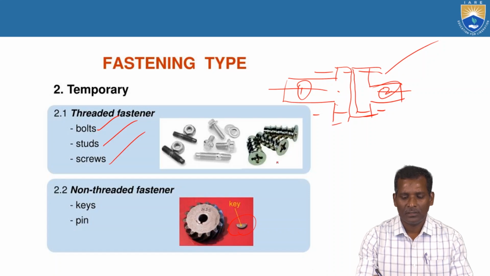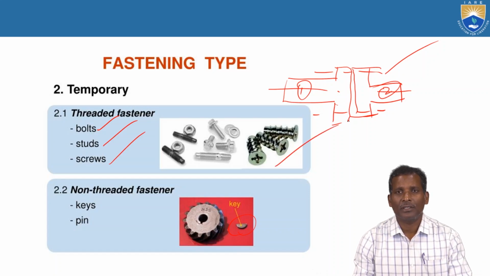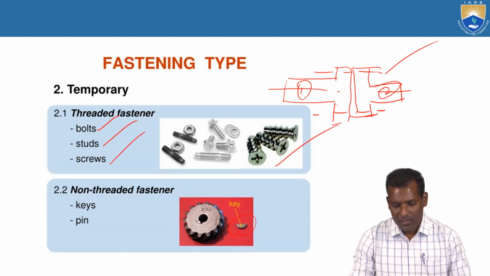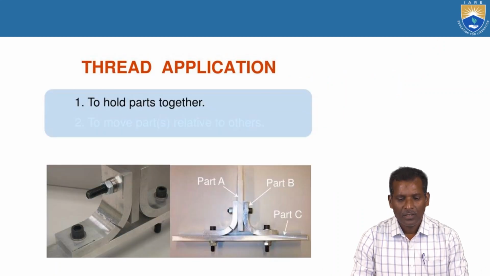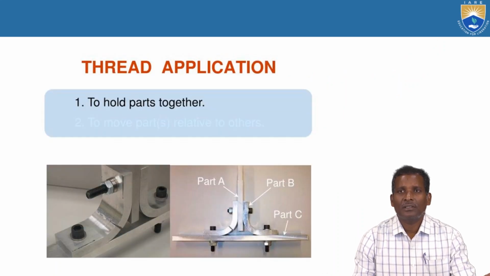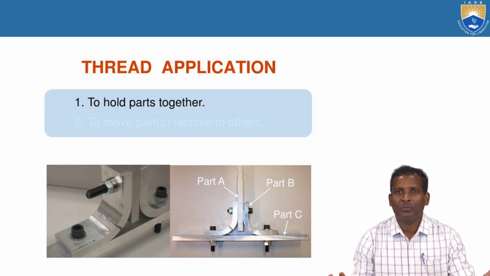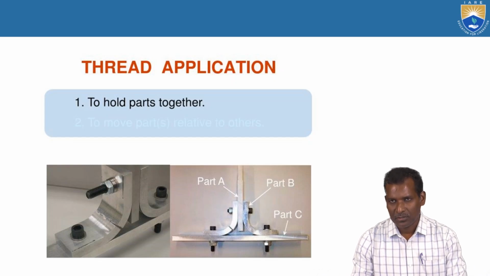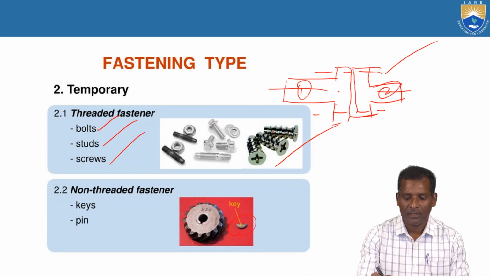Here some temporary types of joints, the screws, are shown. Now, thread application. What is the importance of thread? To hold parts together. In screws, see here, threads are there.